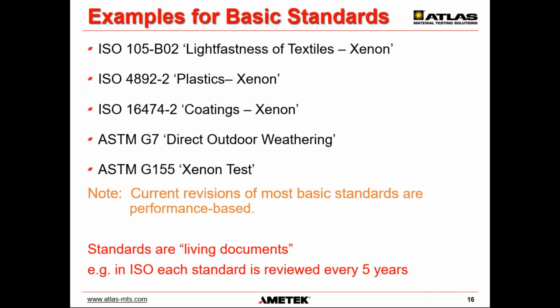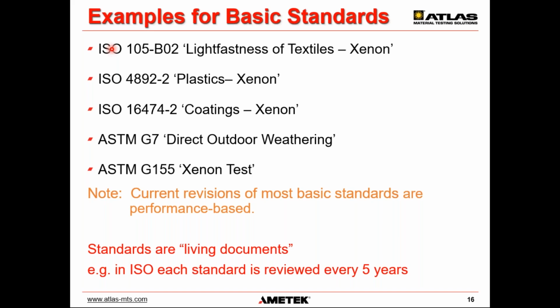So here are some of the examples of the more popular basic standards in weathering. And I've broken them up here primarily by international groups. We have the ISO standards, the ISO textile standard, basic standard for light fastness, general light fastness testing of interior materials. It's ISO 105 B02.